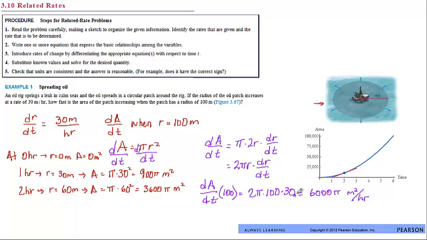Note that this was in meters per hour. The 100 is in meters. So there is my answer. If they want the decimal approximation, I can just crunch this on my calculator and I get something like 18,850 meters squared per hour. But if they want the exact, here's the exact answer here. Here's the approximate.